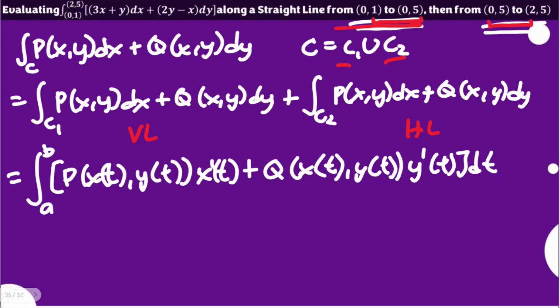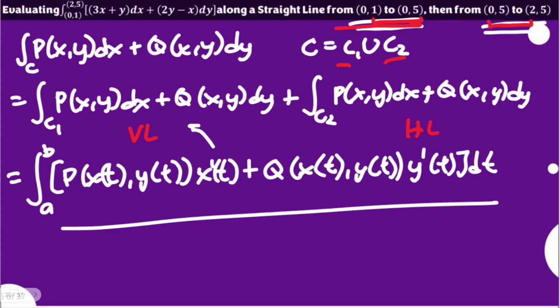But there will be two versions of this. The first version will be for the vertical, and the second version will be for the horizontal. So allow me not to use subscripts, because some references would like to use a sub 1, b sub 1, x of t sub 1. It will just complicate all the rest. Allow me to just separate them into two processes here.